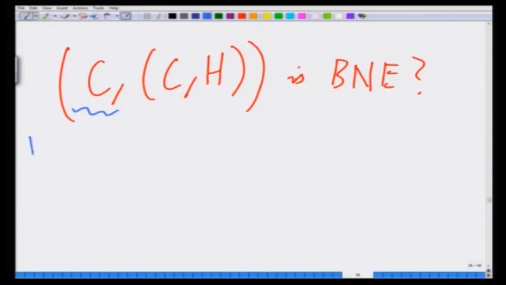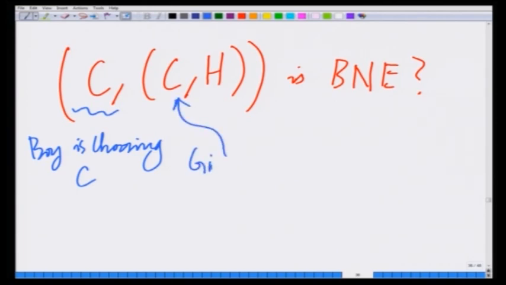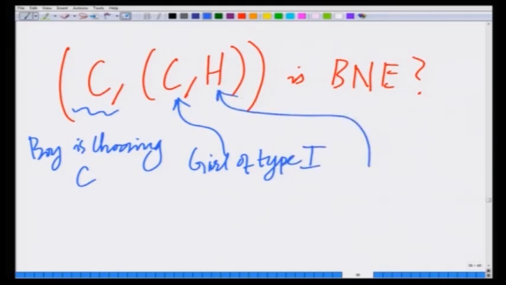Well, where the boy is choosing C, the girl of type I is choosing C, and the girl of type U is choosing H. Well, C of the boy is the best response to C comma H of the girl, that we have already seen from the average payoff table.